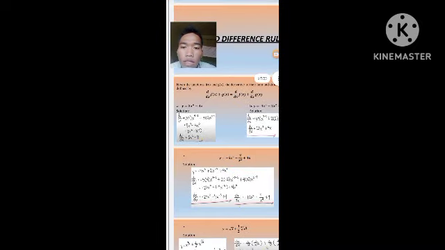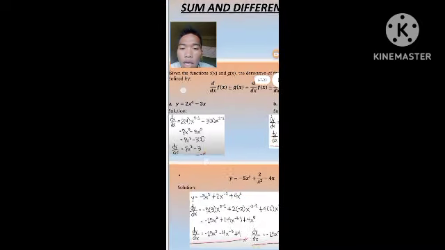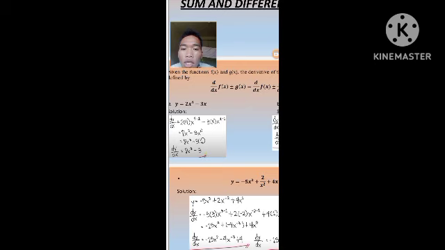Here is an example: y equals 2x to the 4th minus 3x.